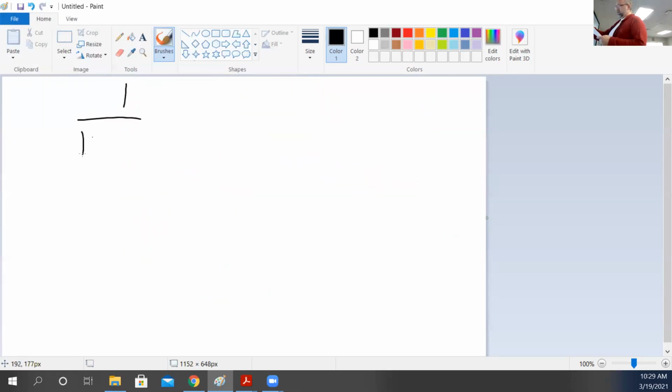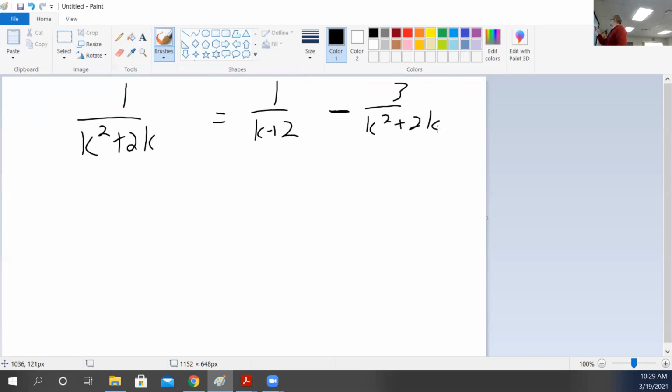1 over k squared plus 2k equals 1 over k plus 2 minus 3 over k squared plus 2k. Okay, so look at these pieces here. Well, we got different denominators here, different pieces. Sorry, that's supposed to be a plus 2.